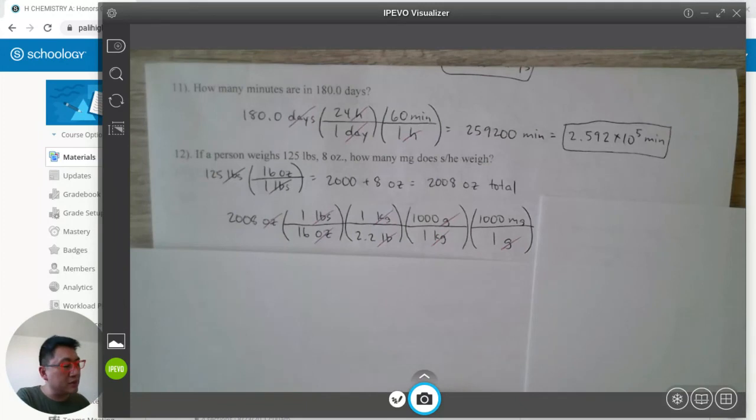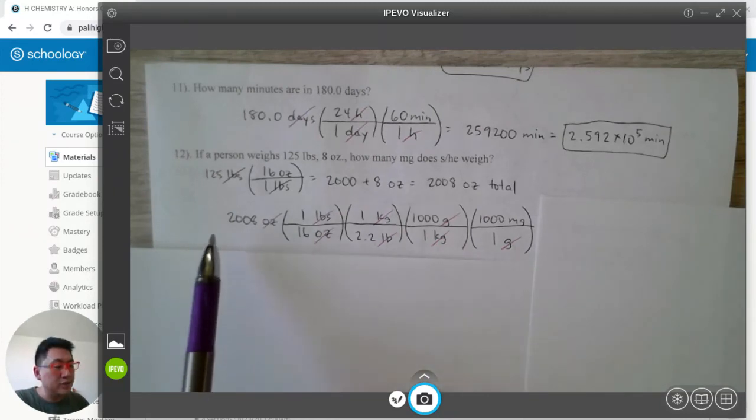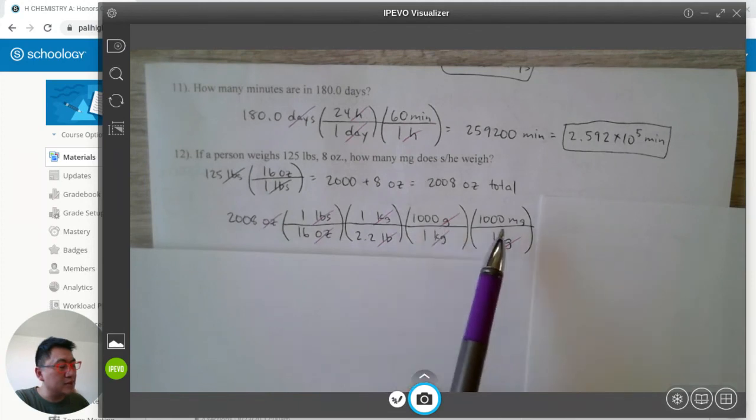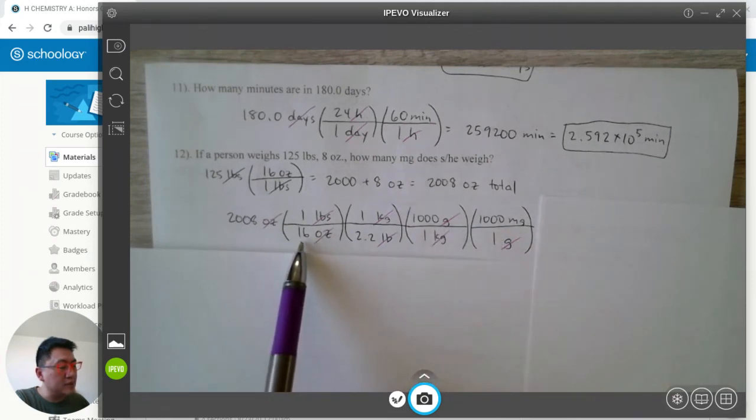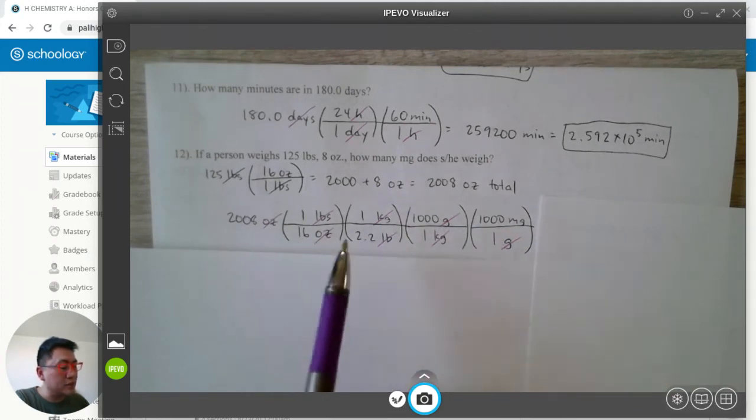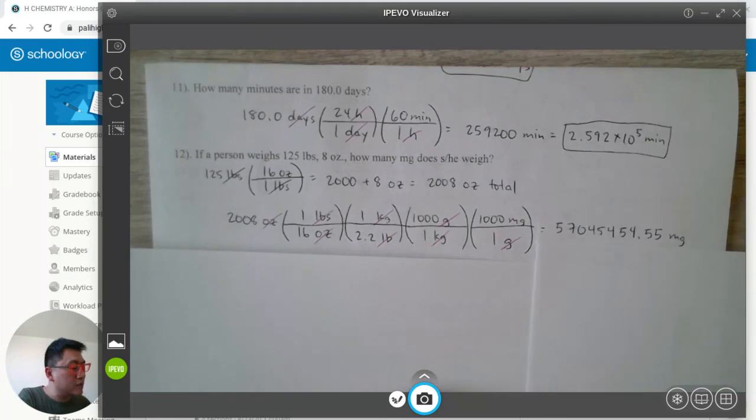Type that all in a calculator, meaning it'll be 2008 times 1,000 times 1,000 divided by 16 and 2.2. What answer did you get for that? If you type it in a calculator, you should get some long number like that.